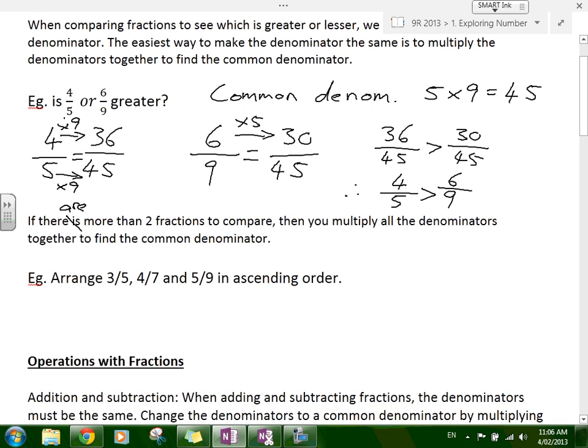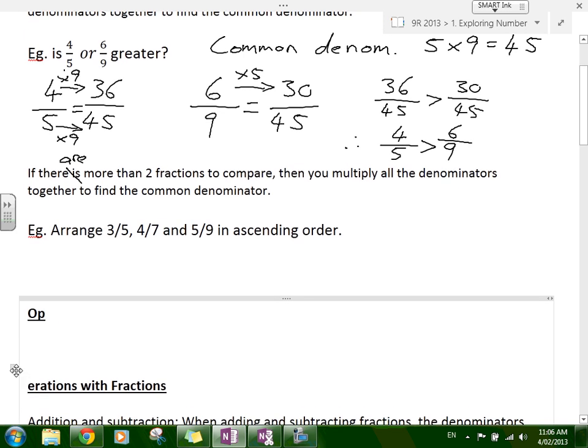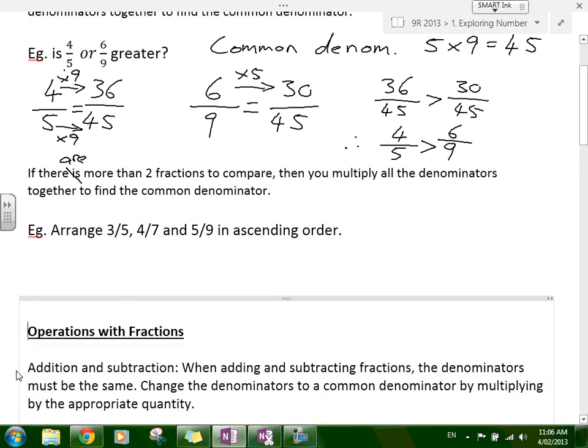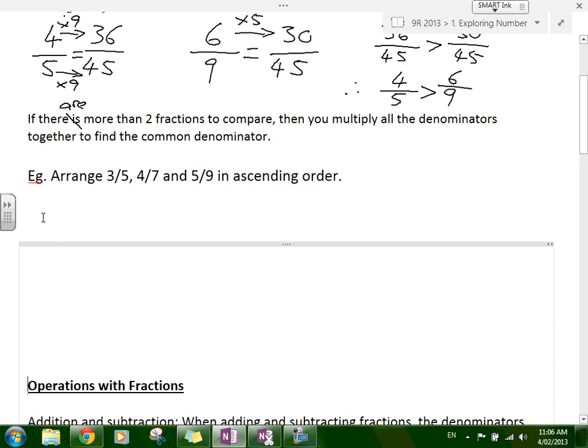We find a common denominator, which is 5 times 7 times 9. There probably is a lower multiple, but the easiest way is just to do that. I'm going to put some space in here and do this one here.